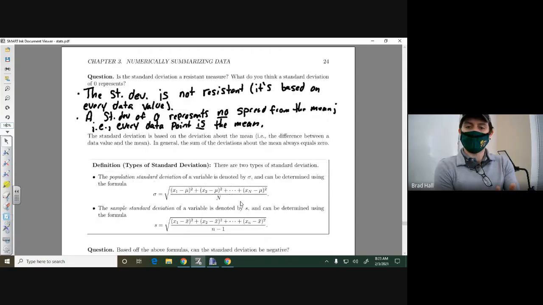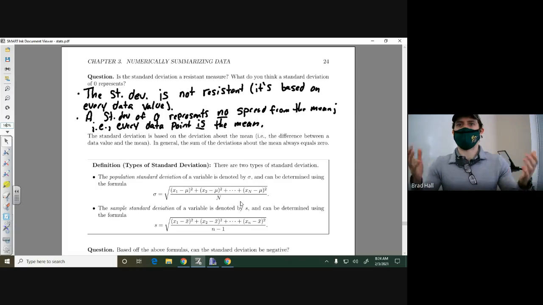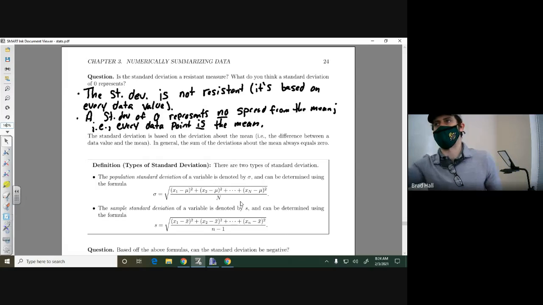Okay, so that little cliff note I have right below what I wrote: the standard deviation is based on the deviation about the mean. The deviation is just the difference between a particular data value and the mean. So let's say the average age in this class was 19. Is anyone here 20? All right, you're 20, I'll use you.